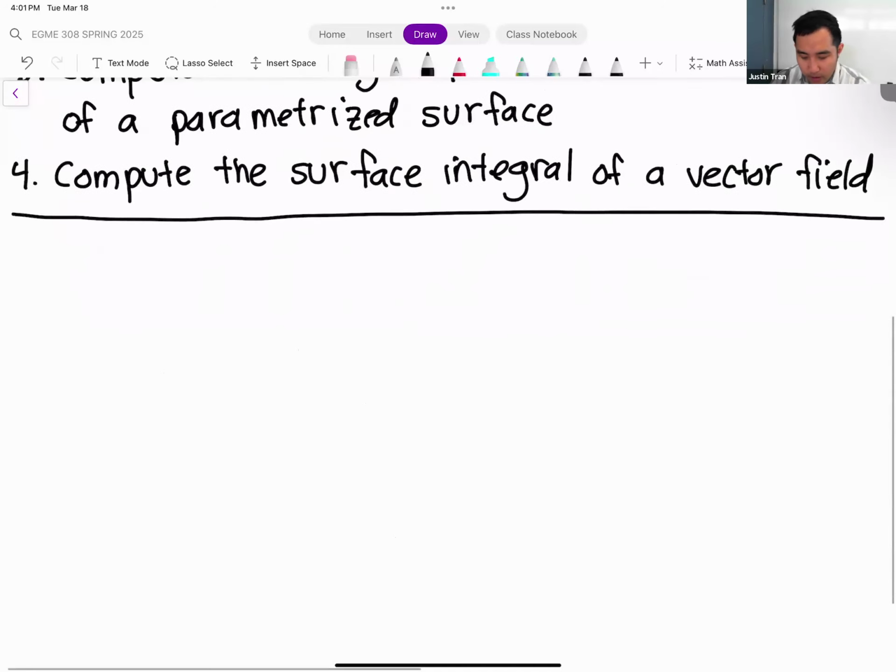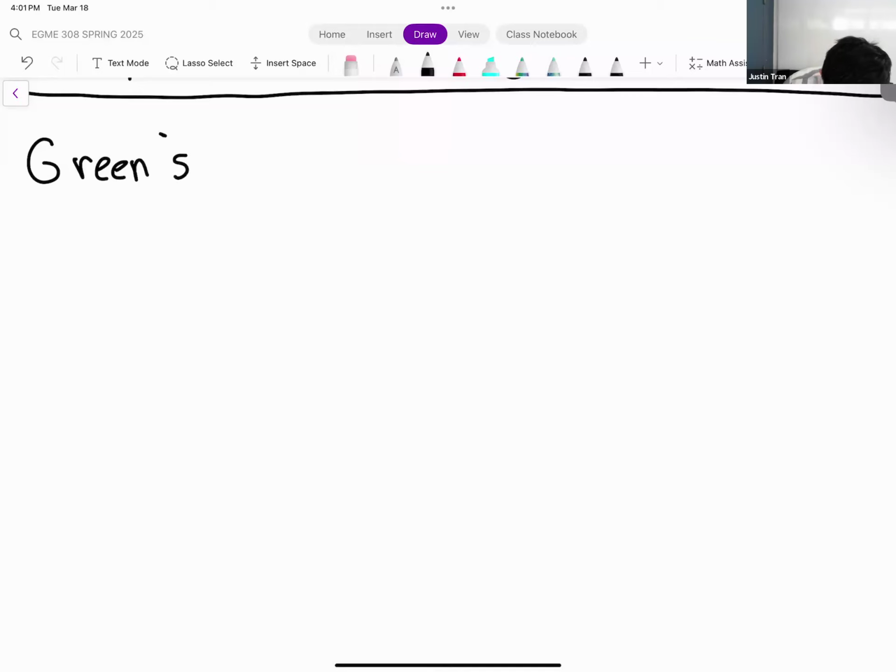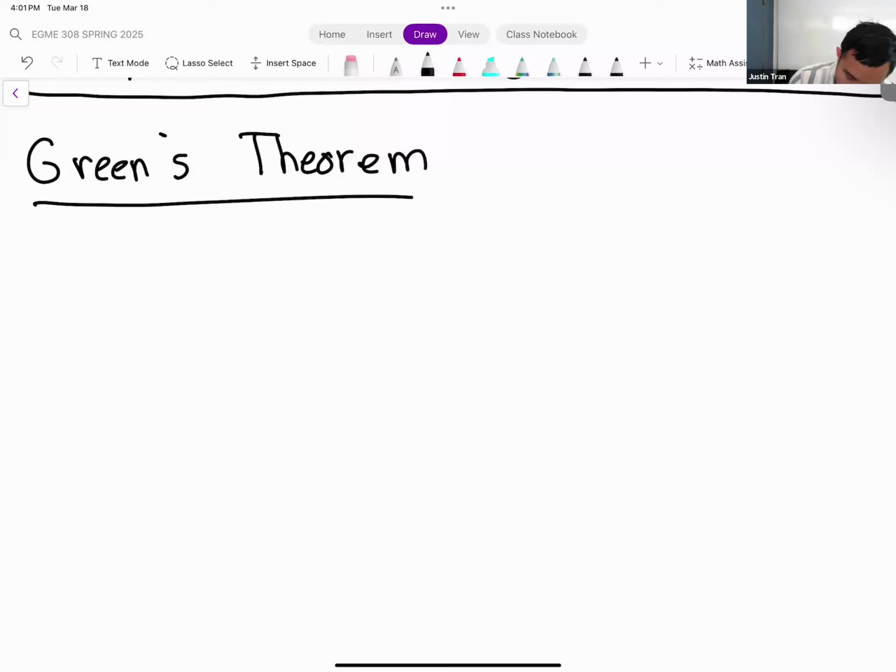Okay. So we're going to start today talking about Green's theorem. Green's theorem is quite a famous theorem in applied mathematics. I think it's most famously used in fluid mechanics, although it does have applications in electromagnetics. Anything that requires vector fields or scalar fields to some degree.